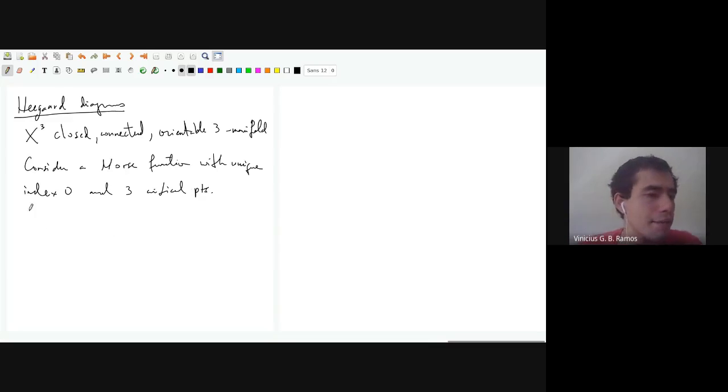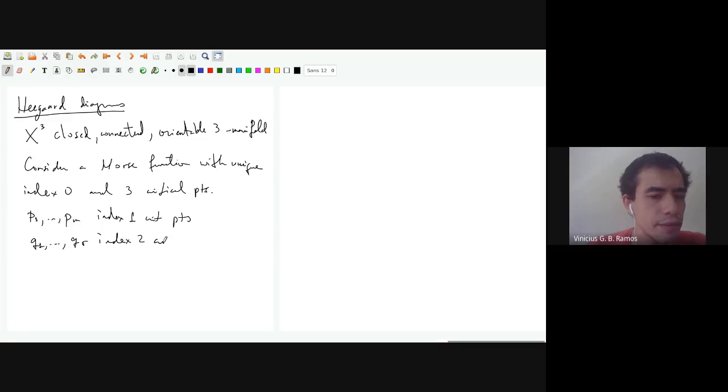Say P1 through Pm are the index 1 critical points, and Q1 through Qr are the index 2 critical points. I showed you last time that you can lift up and down the value of the function.